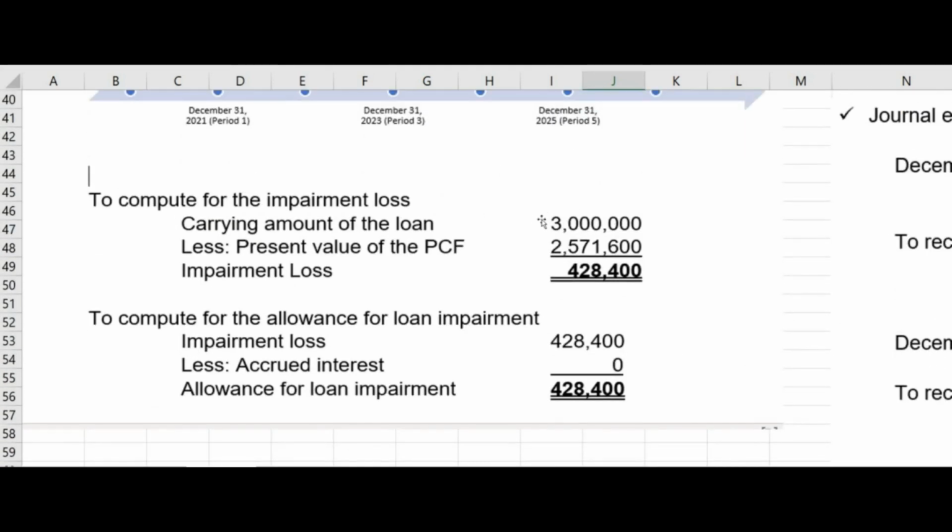So what you have to do is to compute for the impairment loss. So for us to compute for the impairment loss, of course, we compare the carrying amount of the loan and the present value of the future cash flows.